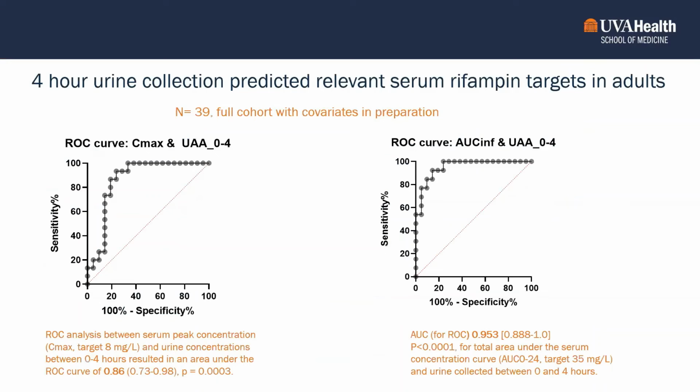Here are the results of a preliminary analysis of the adult population, and so far it seems like the 0 to 4 hour collection interval predicts the relevant serum rifampin target in adults.